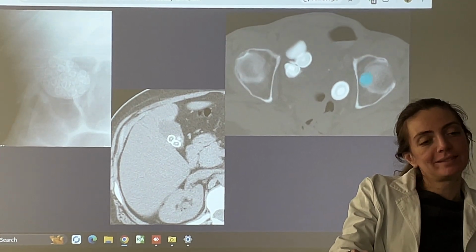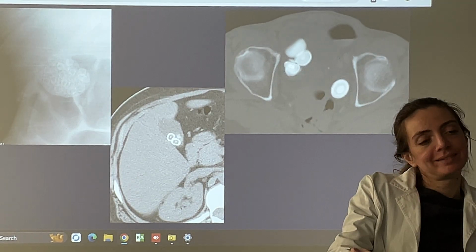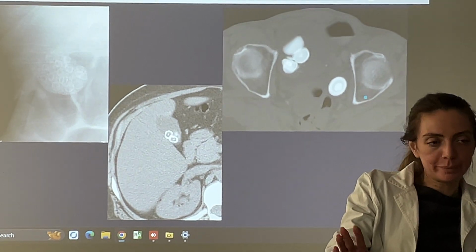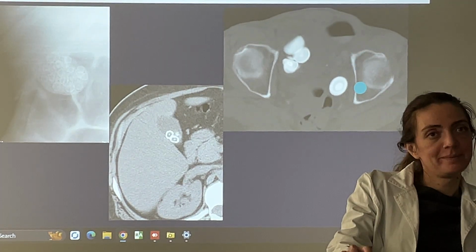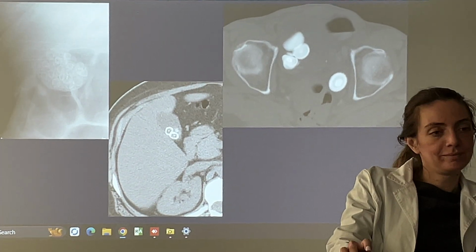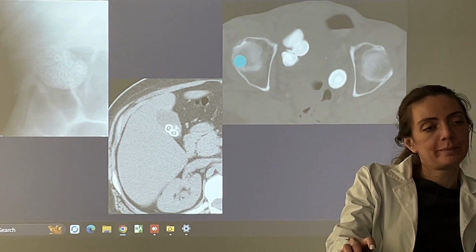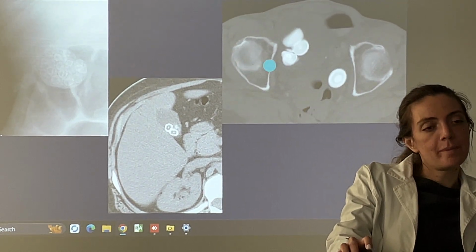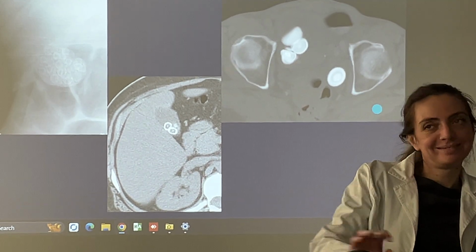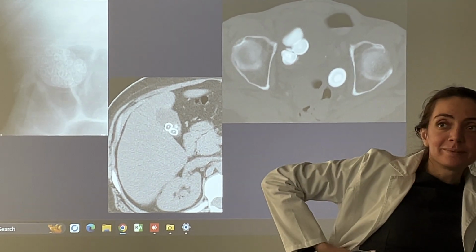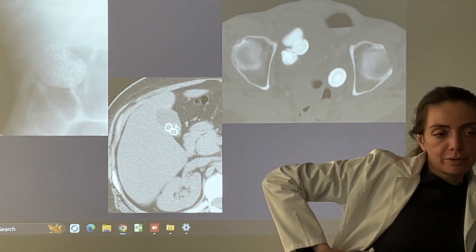What is this? Pelvis bones. And which part is this? Urinary bladder. Yes, and on both sides of the bladder, stones.